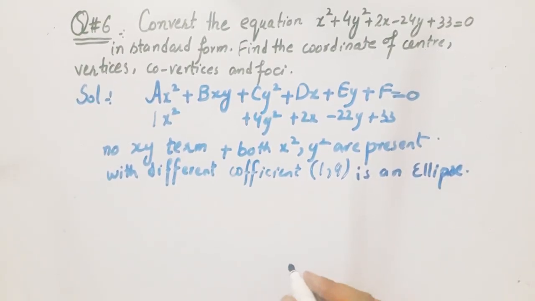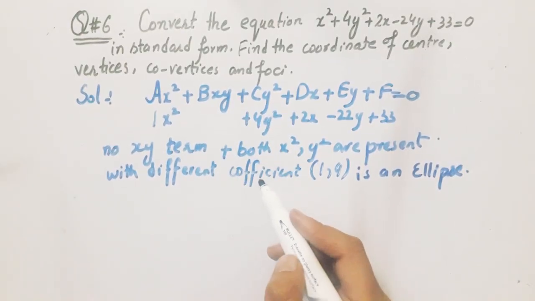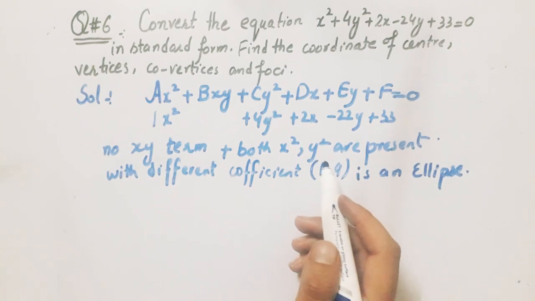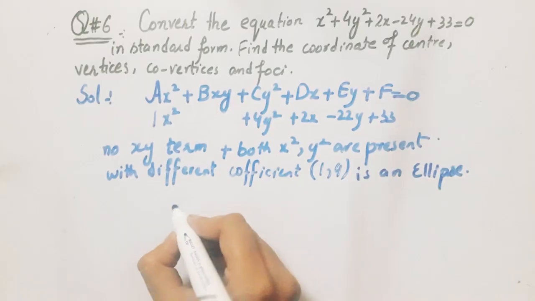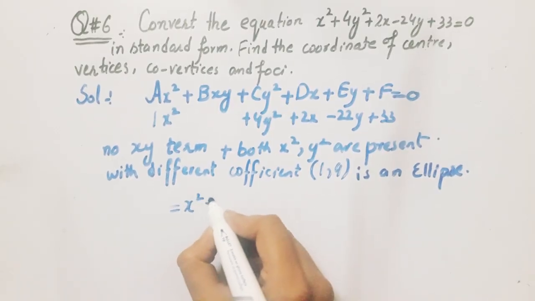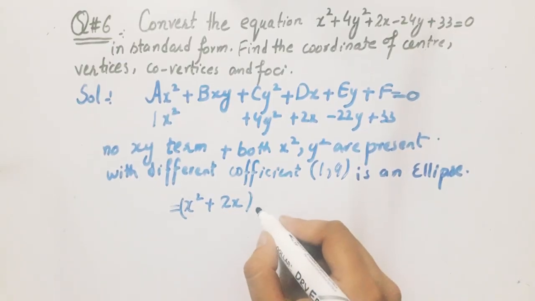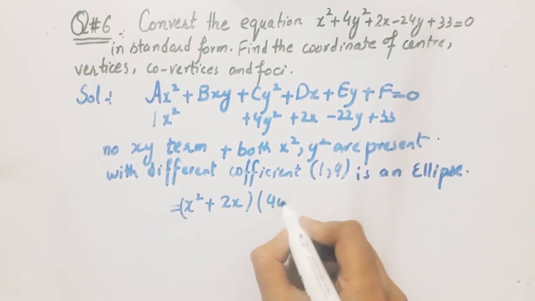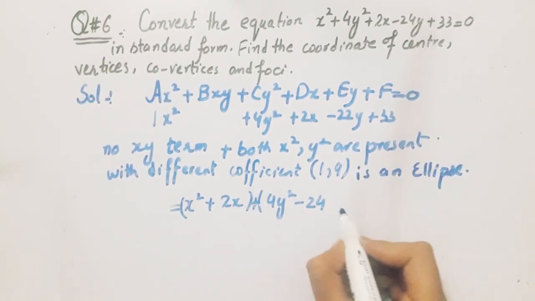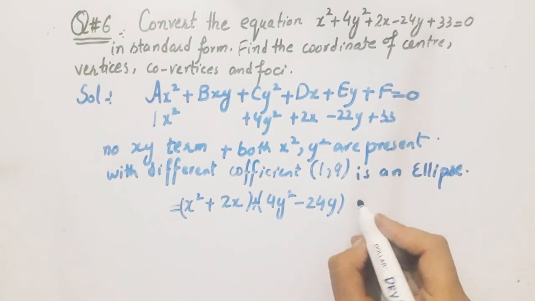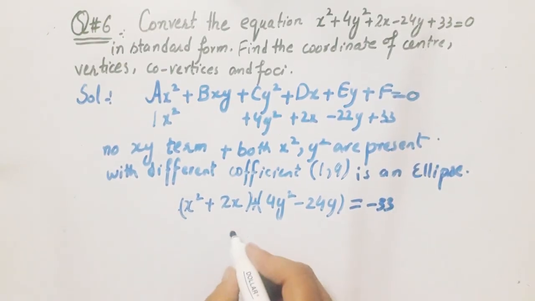Now we will rewrite the given equation and solve it by grouping x terms and y terms. So you will write x square plus 2x, and the other is 4y square minus 24y, and this will be equal to minus 33. Now complete the square.